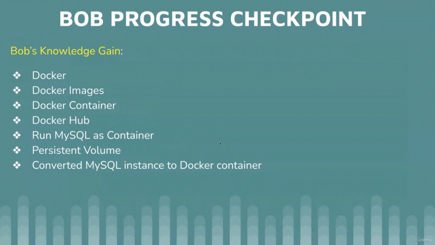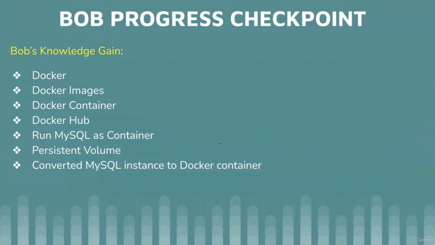We installed Docker on an Amazon Linux machine. We searched for official images on Docker Hub, and finally we pulled the MySQL image. Then we created a container out of that MySQL image. We performed different operations on the Docker container.